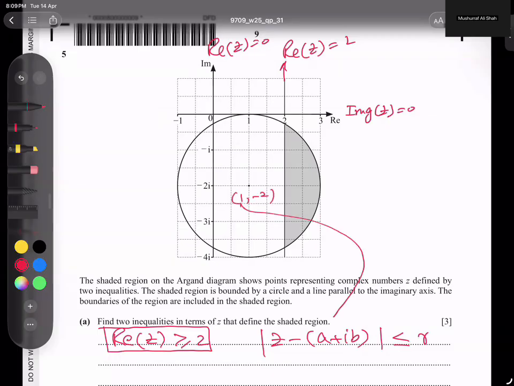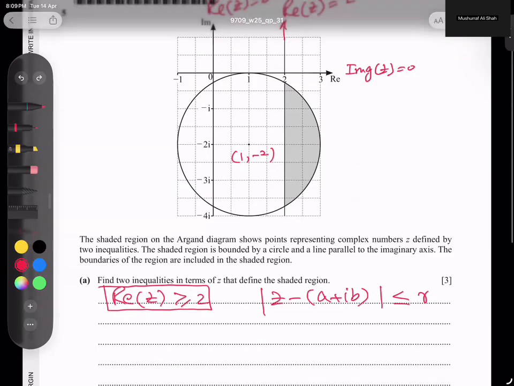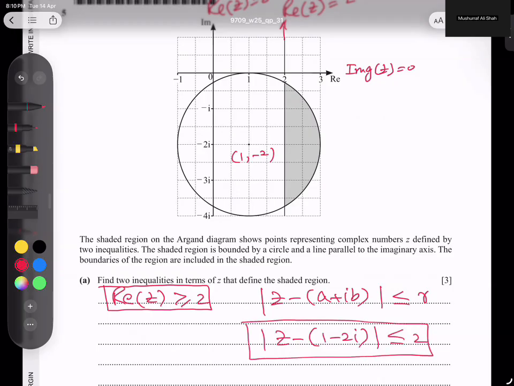So 1 will come in the place of A and this goes in the place of B, and the radius we can see here is 2. So Alhamdulillah Rabbil Alameen, this is not a hard job even to do. Modulus of Z minus 1 and -2 iota less than or equal to 2. So this is my answer of the second part. Let me check. Yeah, correct. Okay.